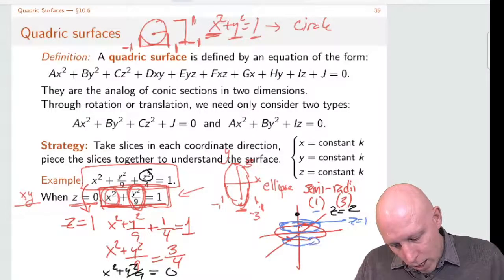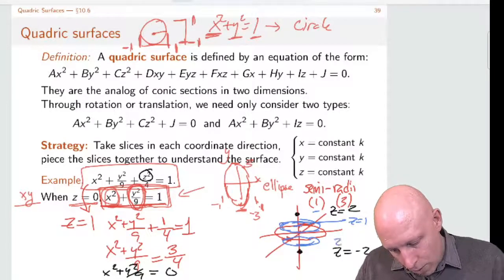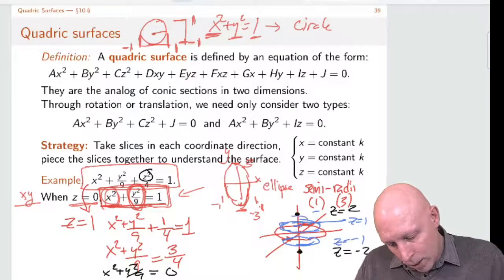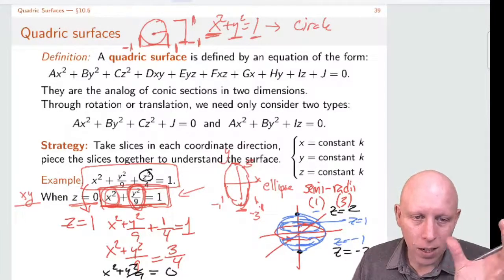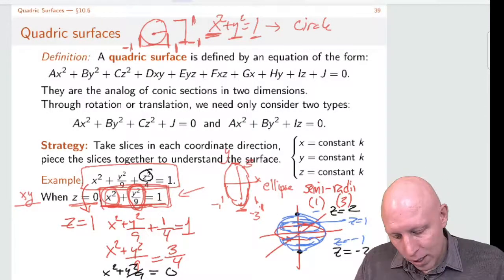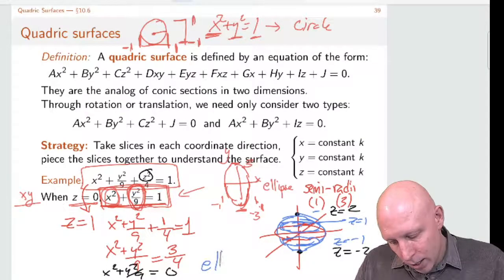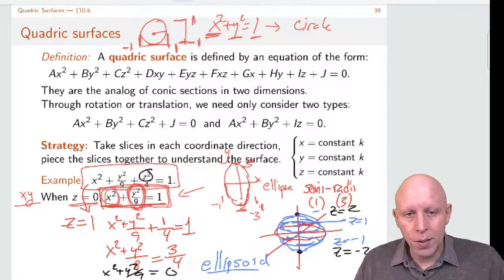If we also do z is equal to -2 and z is equal to -1, then we start to see that it's not quite a sphere, it's kind of an ellipsy sphere. So this is actually called an ellipsoid.